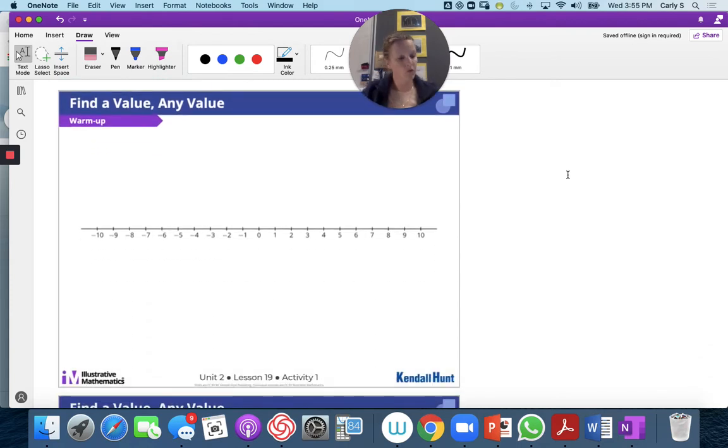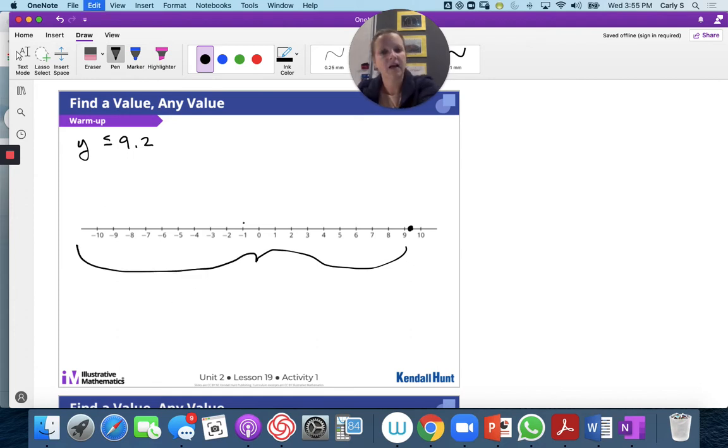Beginning with your warm-up, you have this written down on your page. Make some solutions to the inequality y is less than or equal to 9.2. 9.2 is somewhere over here. My answer can be anywhere on that number line, but that's not how we do things in math.